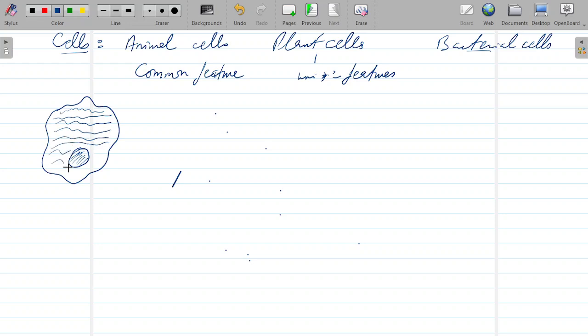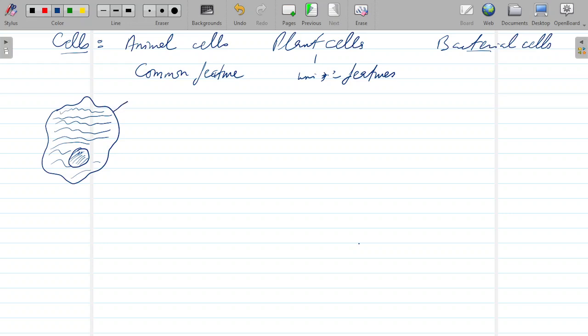So that's all you can make out. These are some of the larger structures that are visible via the light microscope.